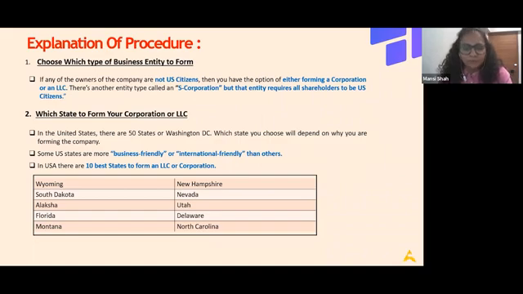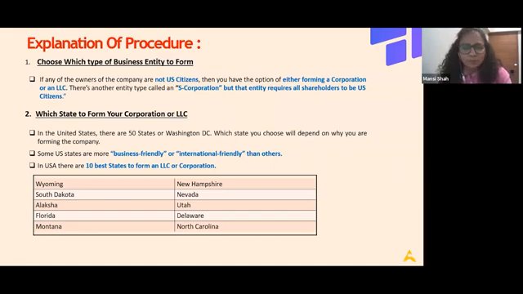Now, many of you might have the question: out of all 50 states, how do we determine in which state we have to register our business? Each state has separate requirements, separate filing fees, and separate recurring requirements of filing annual report and franchise tax.